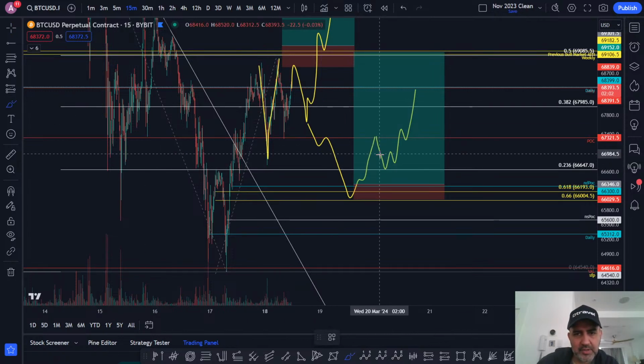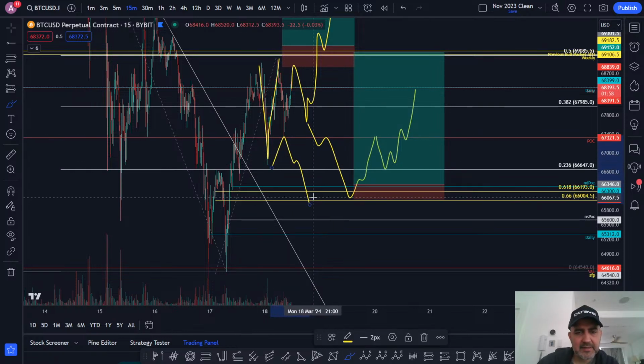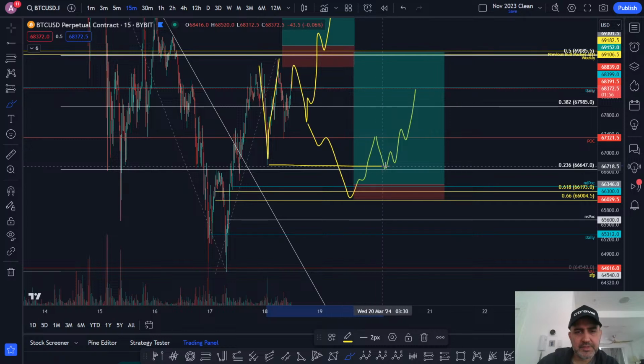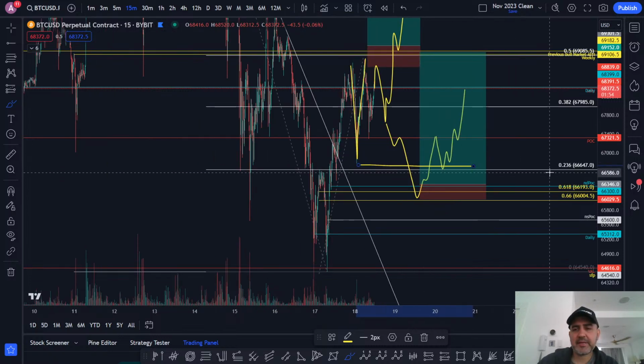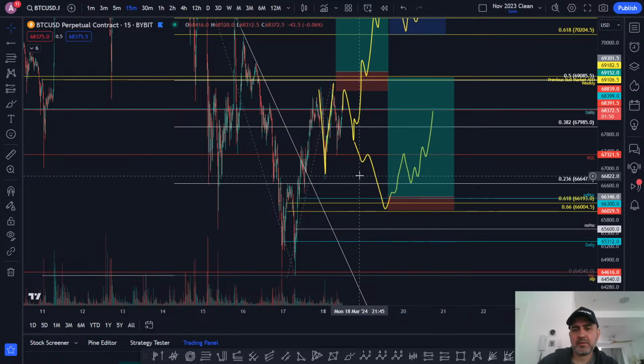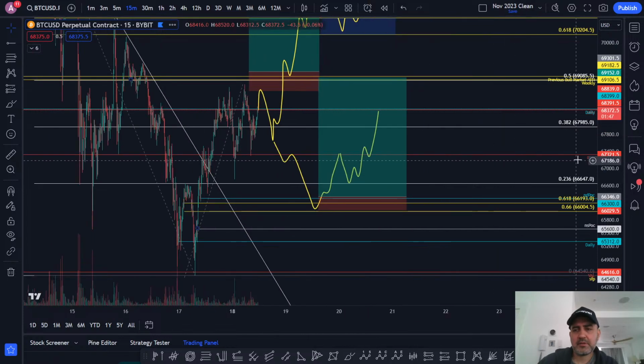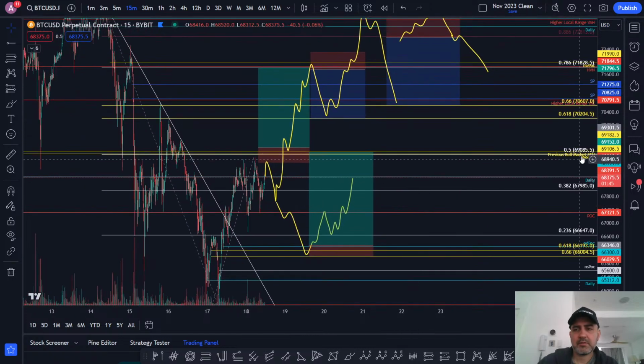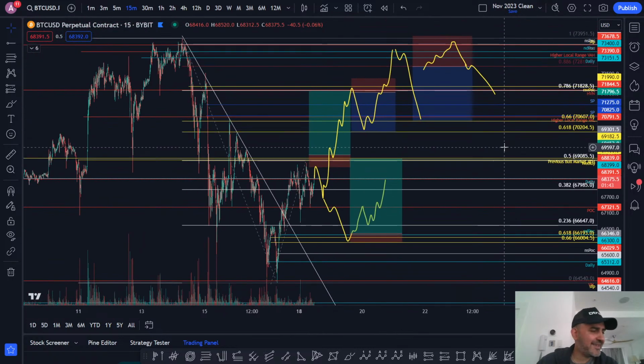You don't want to go above it and then come back down. This pivot has to hold if we come back up like that. Right? These are my ideas. I don't know if that was helpful.